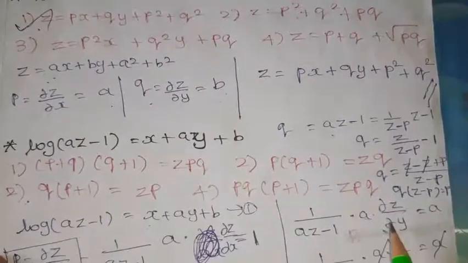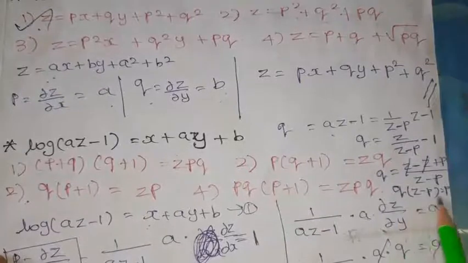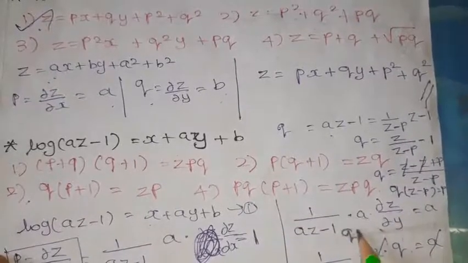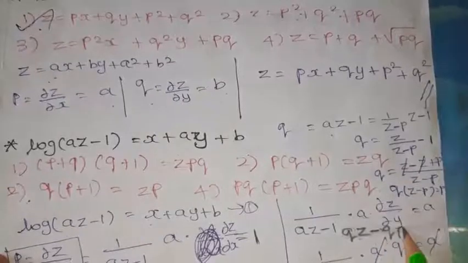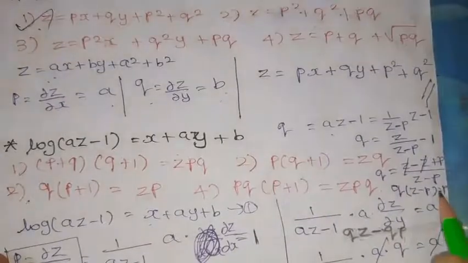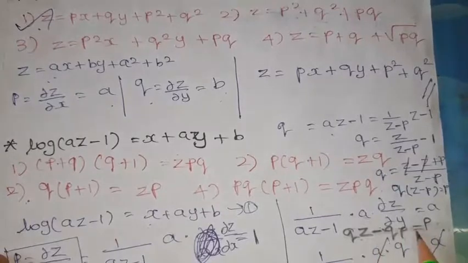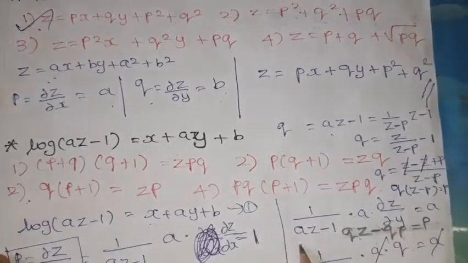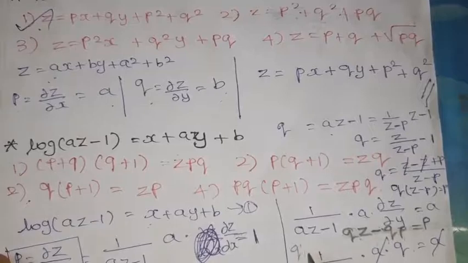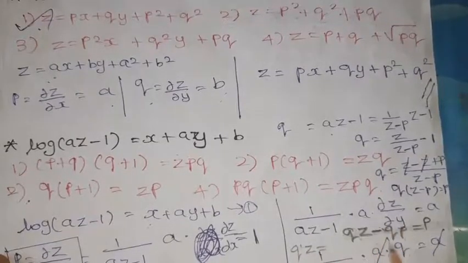So multiply by q inside, q into z minus p, qz minus qp equal to p. This minus qp goes to that side. So qz equal to, what is that?